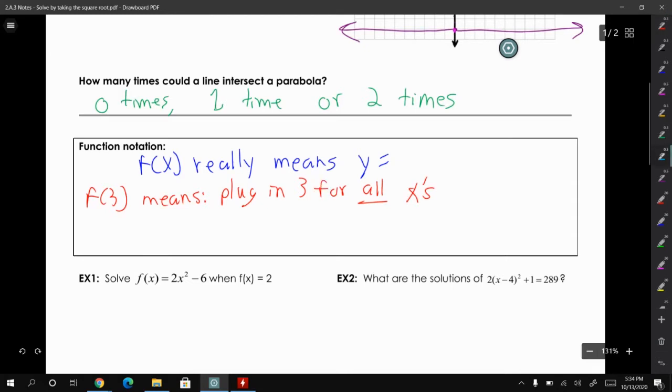Now, if we see f of x equals 3, what this means is you're going to set the equation equal to 3. So you can also think about it as saying y equals 3, what does x equal? That's another way to go about it.